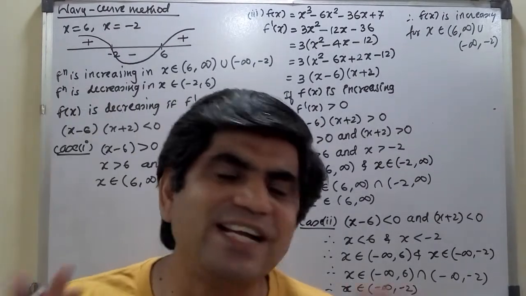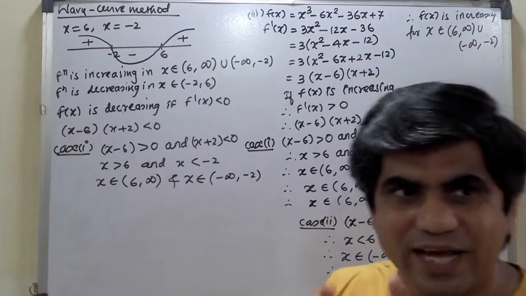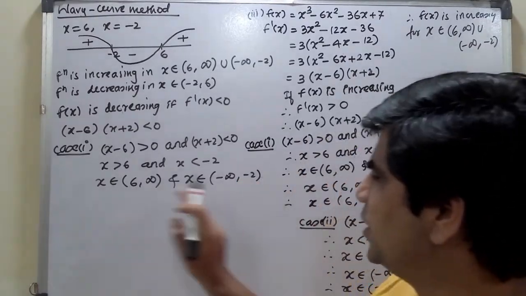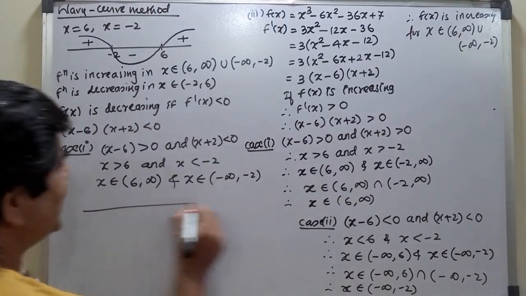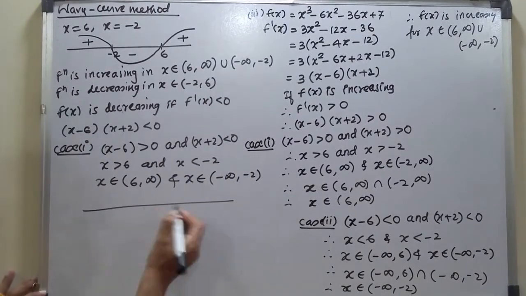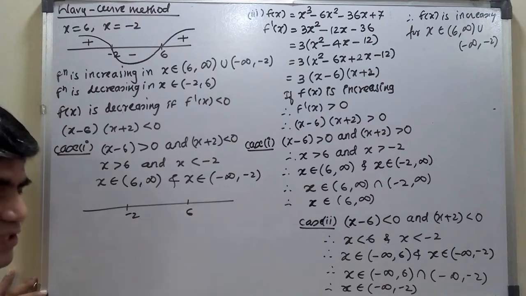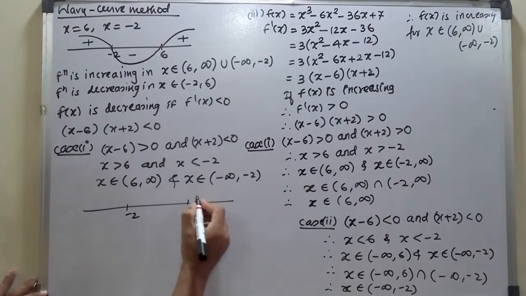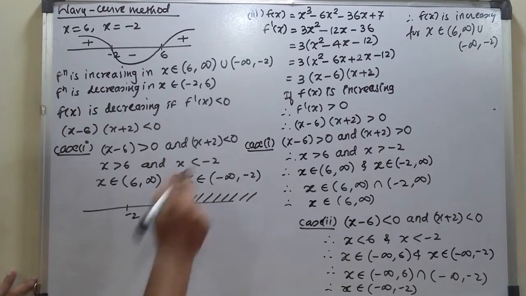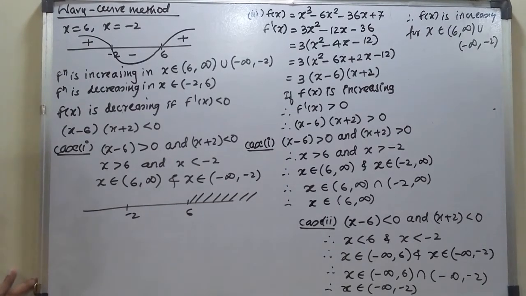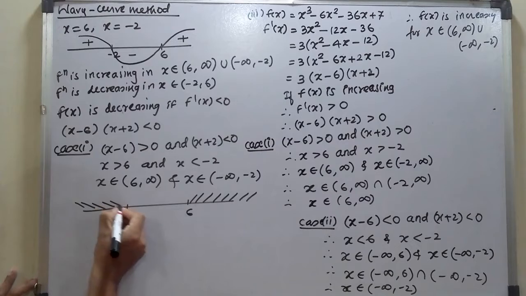'And' means intersection and 'or' means union. Remember this much. So here I require the common part, so I will just plot and see what exactly this wants to say. Okay, so this is your minus 2 and this is your 6. 6 to infinity means this part. Understood? And minus infinity to minus 2 means this part.